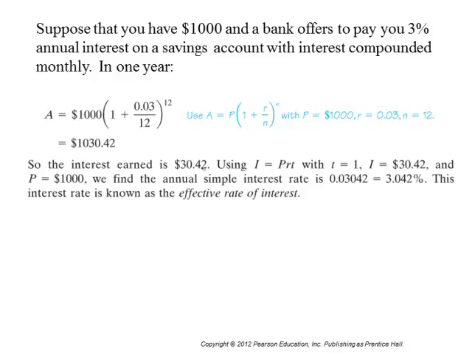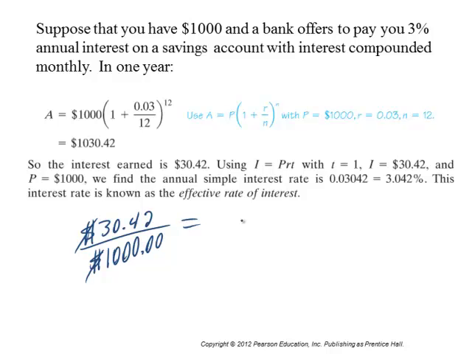And then you end up with, if you take that $30.42 increase divided by the 1,000 original value, of course the dollar signs cancel, and you basically will have 30.42 divided by 1,000.